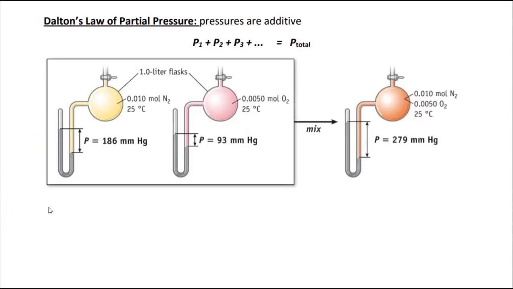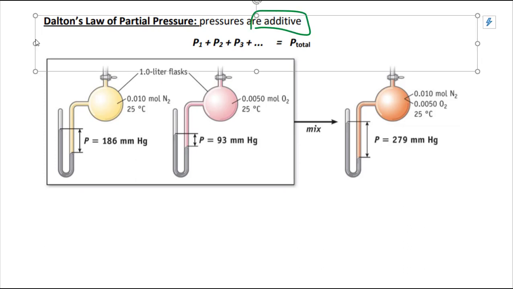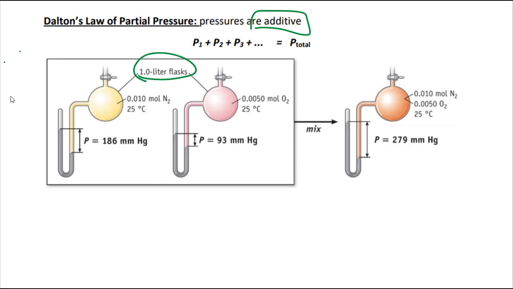All right, moving on, looking at Dalton's law of partial pressure. Looking at partial pressure here, what's important to see is that pressures are additive. It is also important to see that both of these are 1 liter flasks, so I am looking at the same volumes of two different pressure systems.